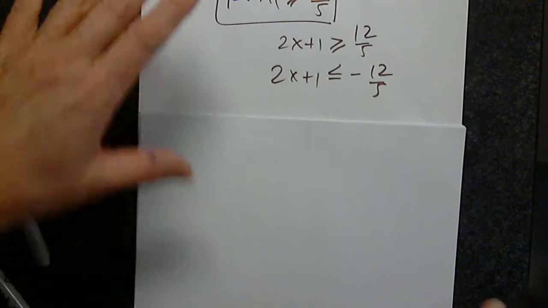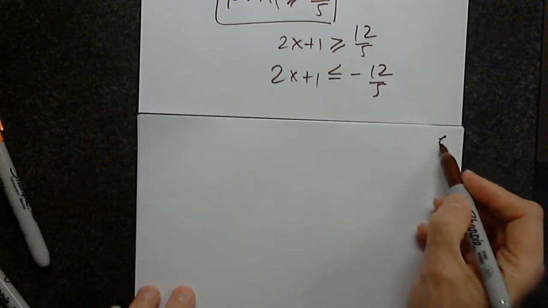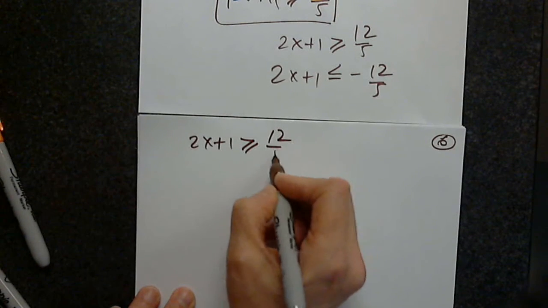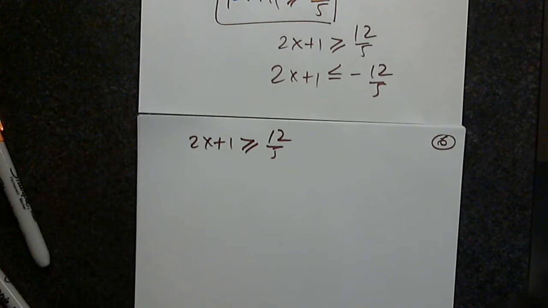So then, next step. I have 2x plus 1 greater than or equal to 12/5. And then I'll solve the other one. You can eliminate fractions if you want to. You can move 1 to the other side and then divide by 2, whatever you want to do. Which method would you like to apply? You want to eliminate 5 first? Okay, fine.